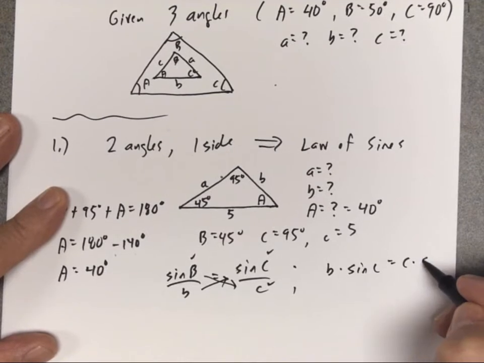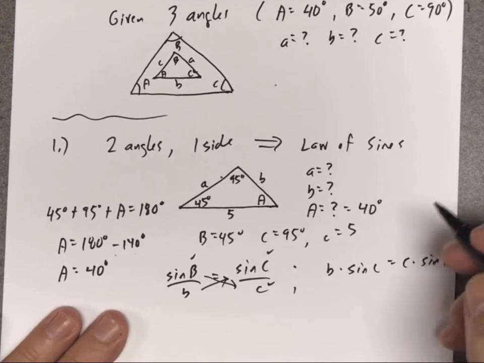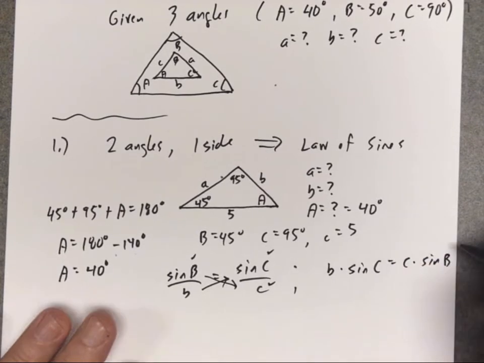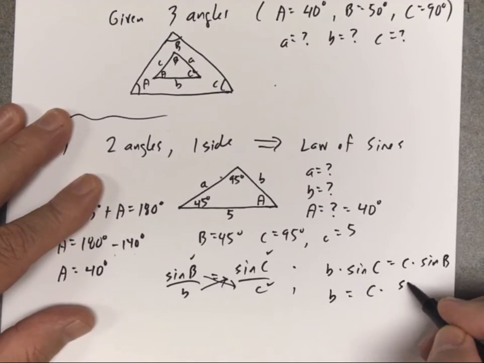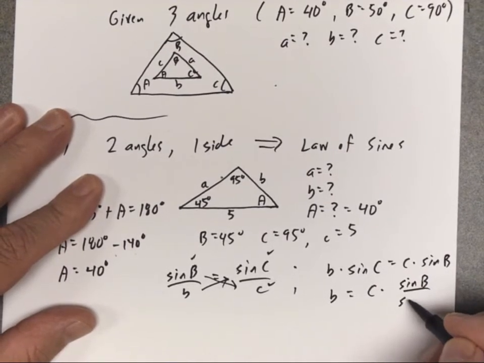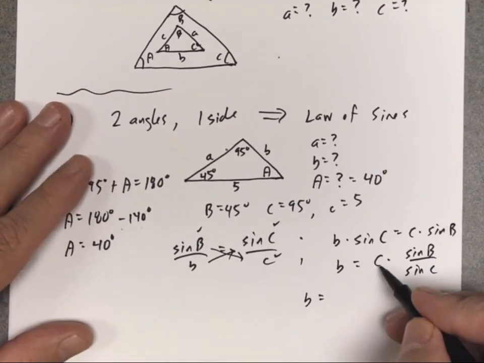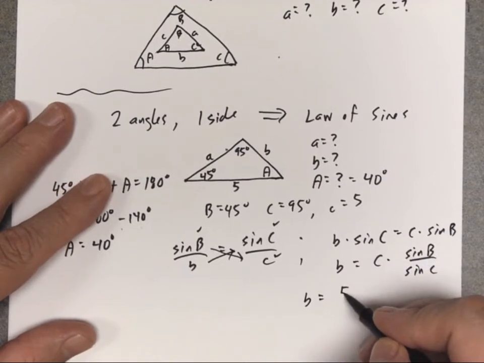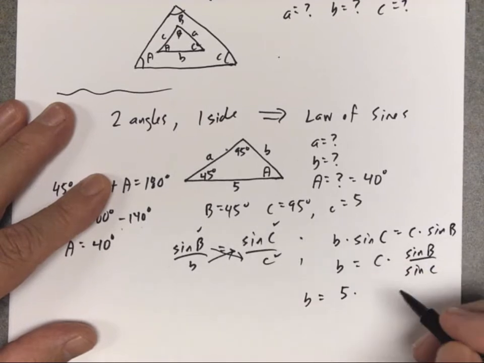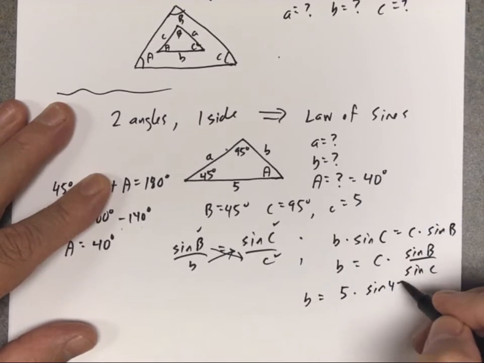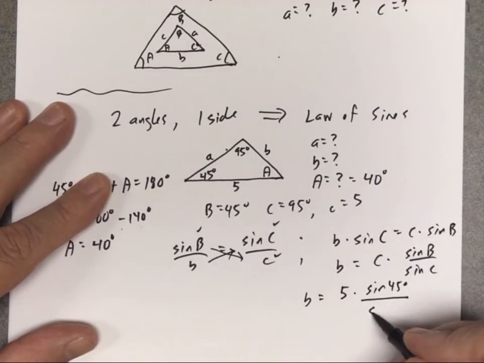So you would have B times sine C equals C times sine B. If I want to solve for B, I can have C times sine B over sine C. The length of C is 5. The sine of B, angle B is 45, so sine 45 degrees. Sine of C, C is 95 degrees.